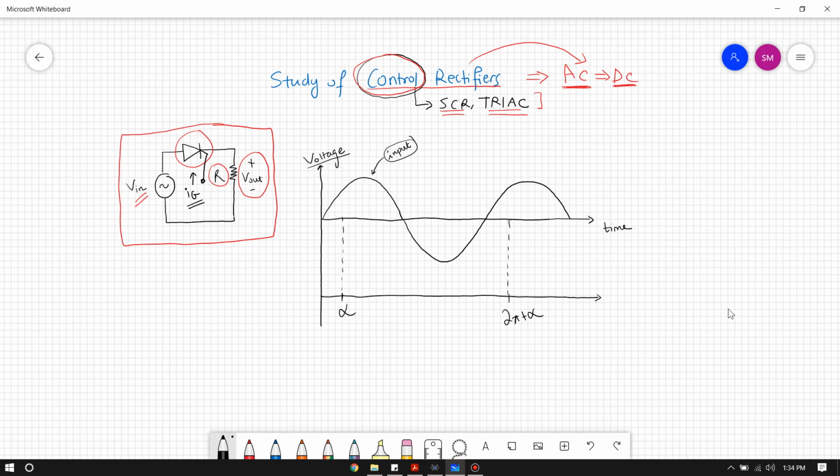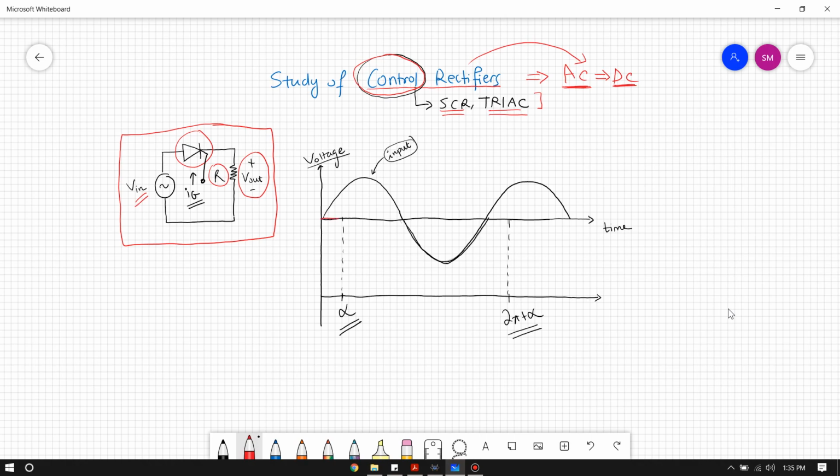That means the SCR will start conducting in this region only. It will block the negative region because it has to be forward biased. So if you recall, the two conditions that are required for turning an SCR on: firstly, it has to be forward biased, so in this region it will not turn on. And secondly, we have to supply a gate pulse. So we're supplying a gate pulse at time alpha and time 2 pi plus alpha. So the SCR output, or the output across the resistor, will be something like this.